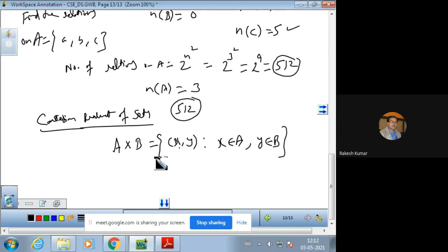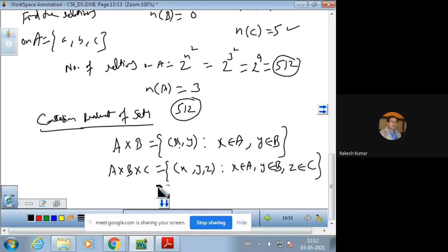Similarly, if we want to find the Cartesian product of 3 sets, that will be x, y, z triplets, with x belonging to the first set, y belonging to the second set, and z belonging to the third set C. So this is the way by which we can find the Cartesian product.